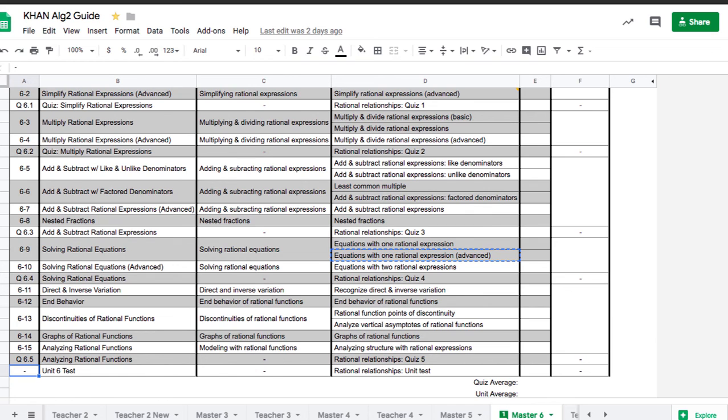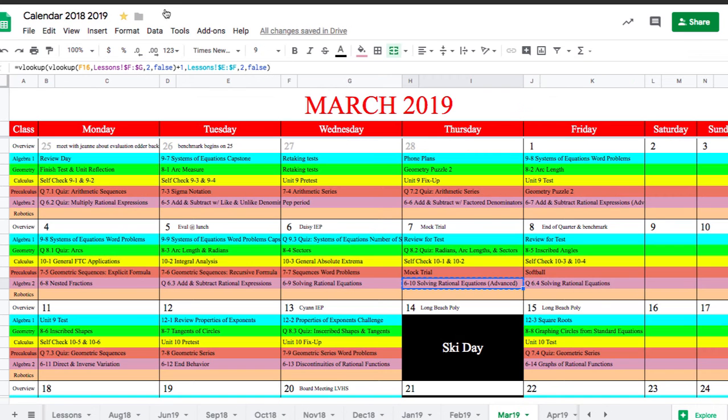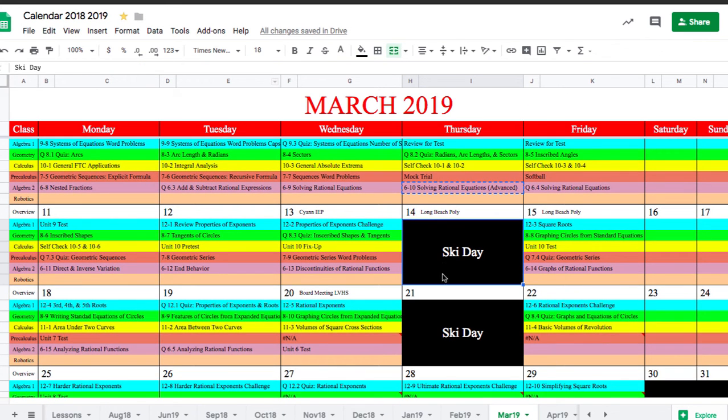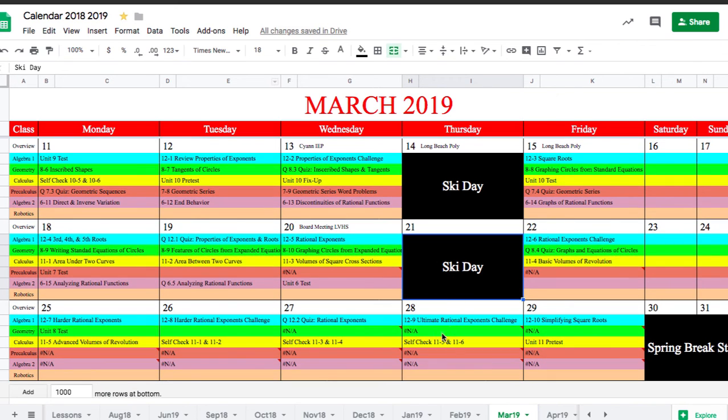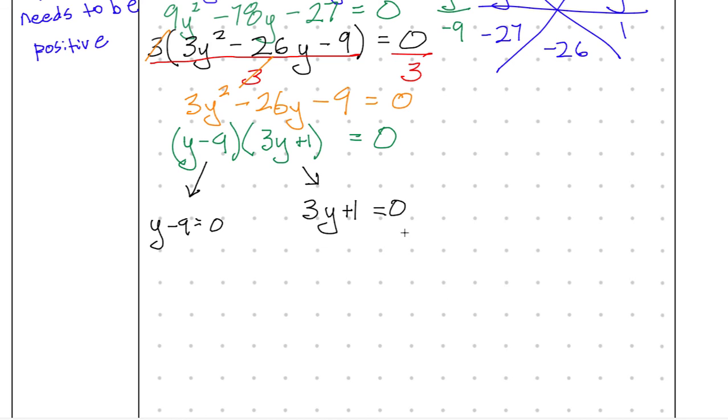The Tuesday is going to be our test, unless snow days or weird things happen where we have to push it back. In fact, I'm pretty sure we have to push one back because we have 2 ski days coming up. We have a ski day on the 14th, which is also the long poly trip, and we have a ski day on the 21st. So that test is probably going to be pushed back all the way to this Thursday on the 28th. So on the 28th, that's our tentative test date.